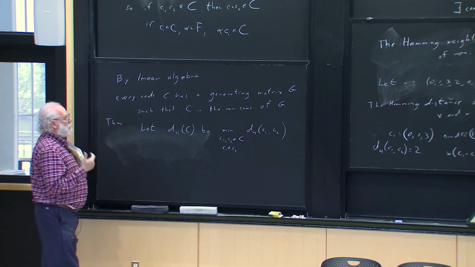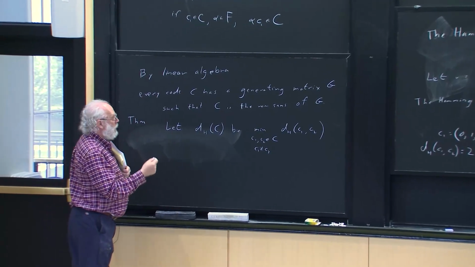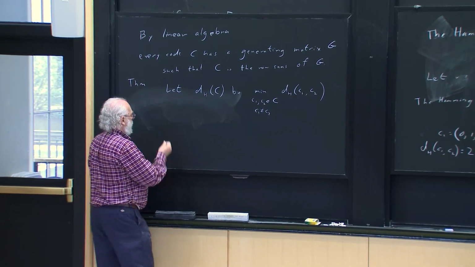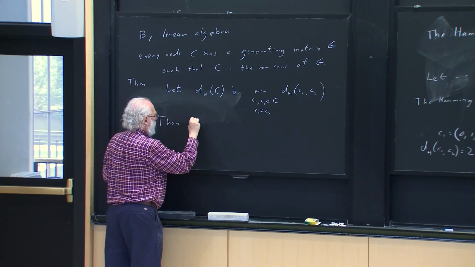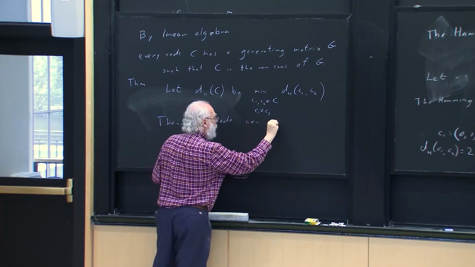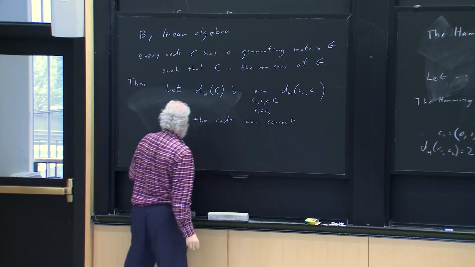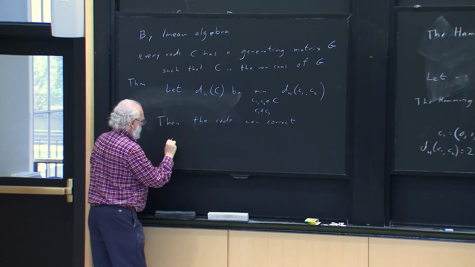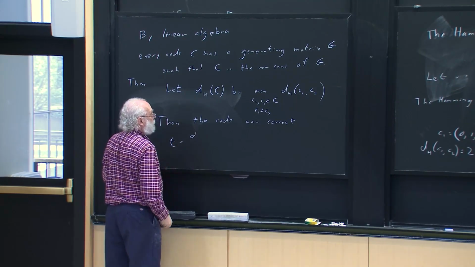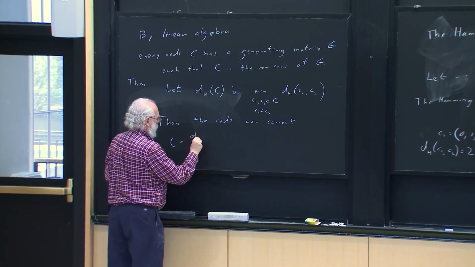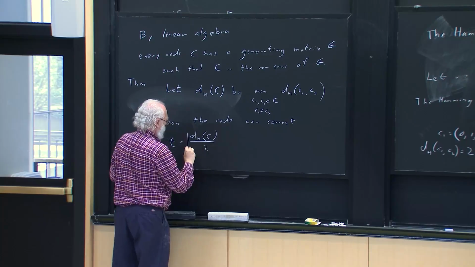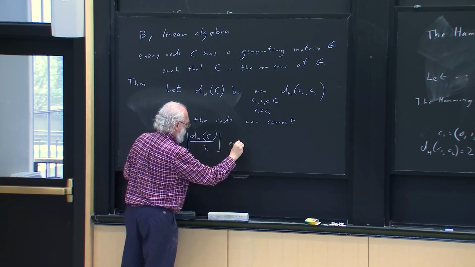So it's the smallest Hamming distance between 2 non-equal vectors. Then the code can correct T equal to d_H of C over 2, floor, errors.